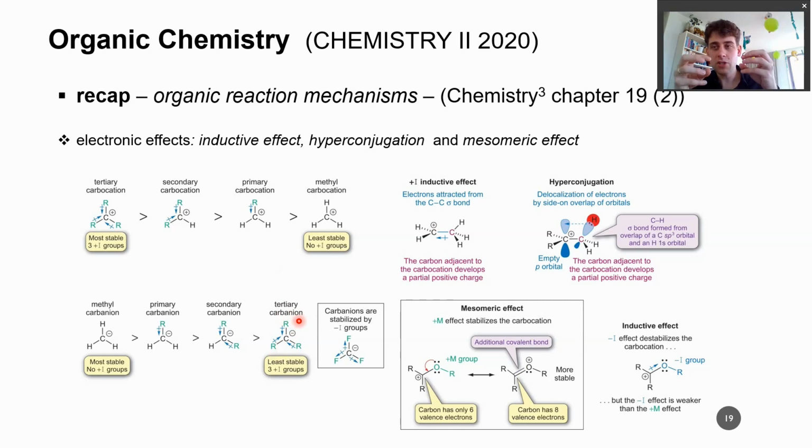This is now a very negative effect because our carbanion already has a lot of negative charge, so it rather wants to get rid of it somehow, and it cannot because the other groups are also pushing electron density onto it. So that's not something that we would like to see. So the tertiary carbanions are less stable. And then, of course, the methyl carbanion in this case, the hydrogen atoms do not have a strong inductive effect. So this is the most stable carbanion here.